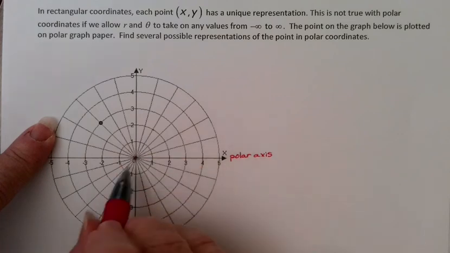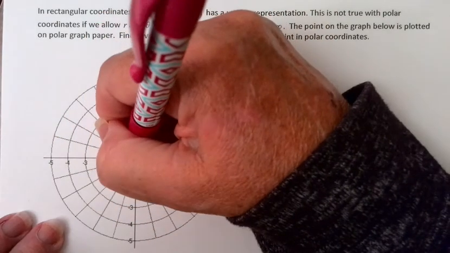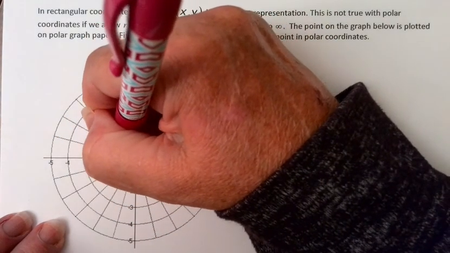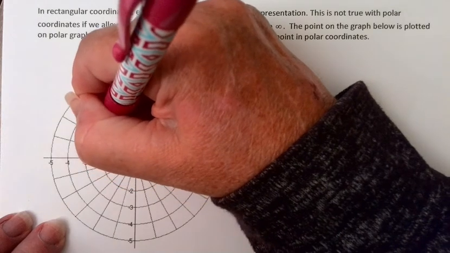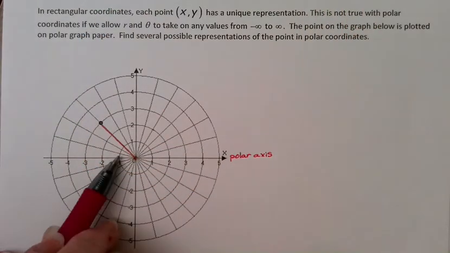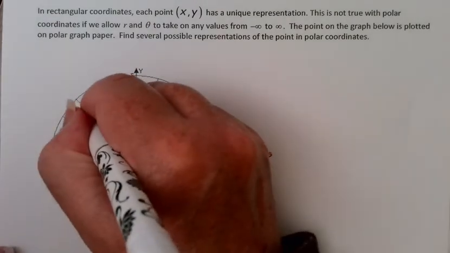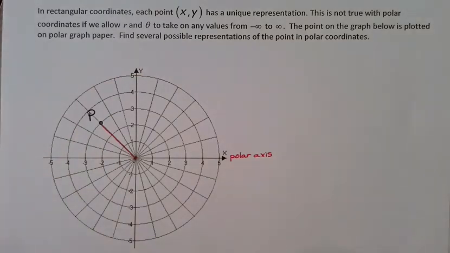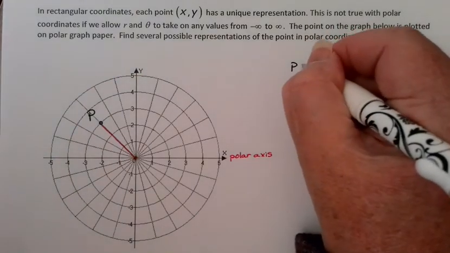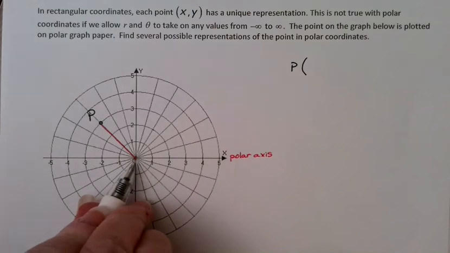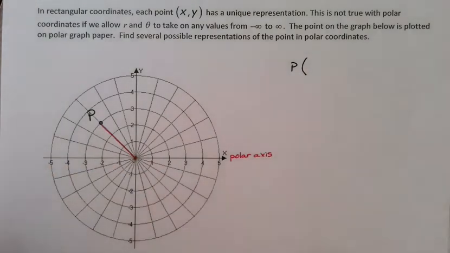From the pole, we would come out 1, 2, 3 units to get to a point P. So, in order to write P, I'm going to start by saying the r value here would be 3.